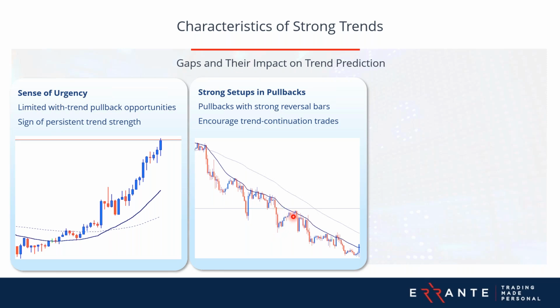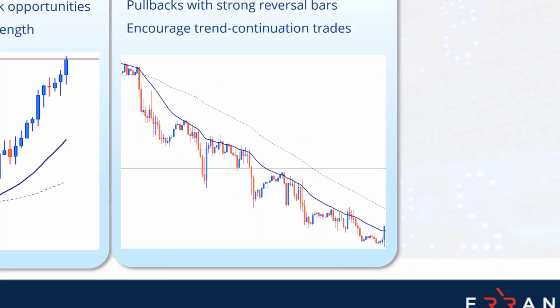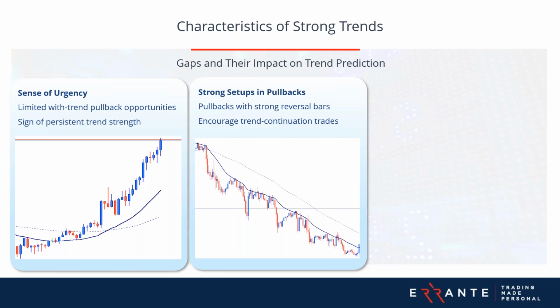And also you see the length of the body of each trend bar is significantly longer than the rebound candles. So this pattern suggests that we have a very strong downward sentiment in the market in favor of the current direction of the trend.